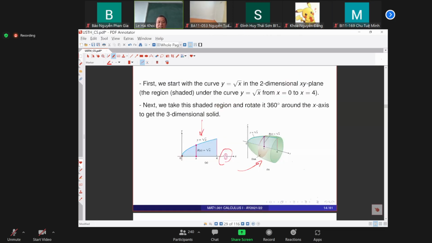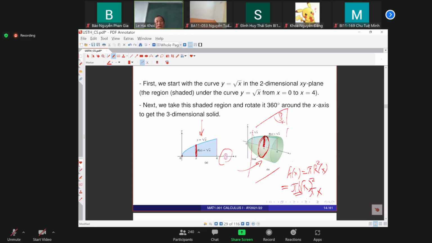Take the x. You have a cross section that is a disk, and the radius, what is that? This is the radius, this part, square root of x. So you have the area is pi r squared, which is pi times square root of x squared, which is pi x, right?